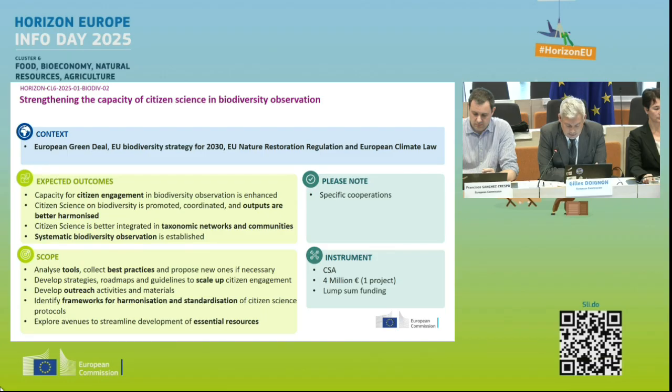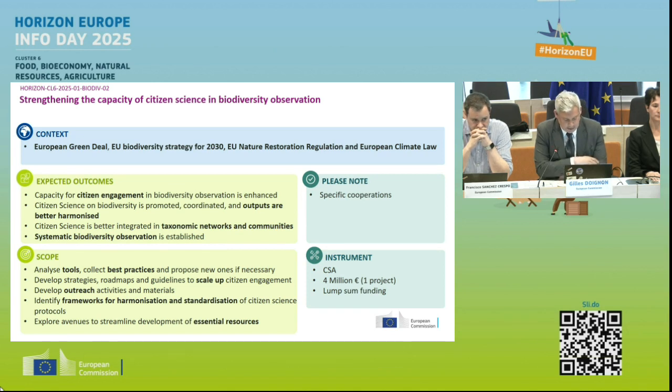We also envisage and strongly recommend collaboration with key stakeholders, all the people on the ground, such as farmers, fishermen, urban planners, etc. The context is, as Elena explained, the support to the European Green Deal, the EU Biodiversity Strategy for 2030, the EU Nature Restoration Regulation, and the European Climate Law.